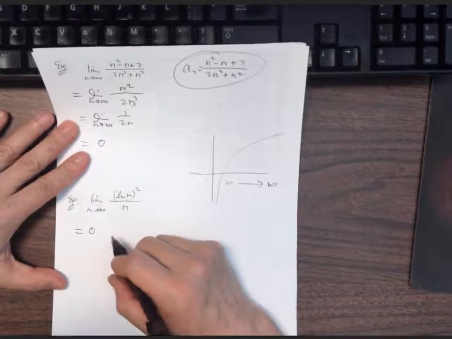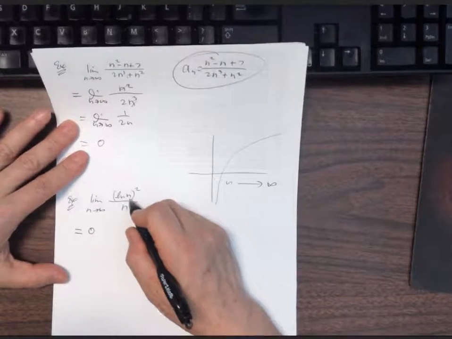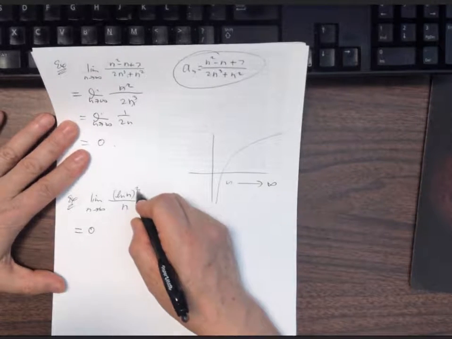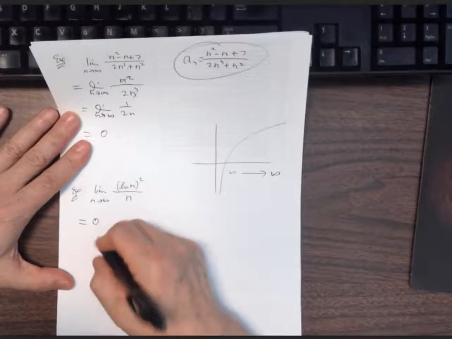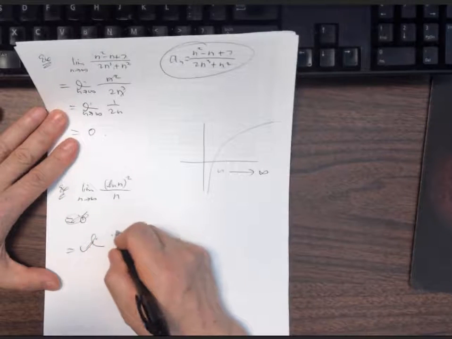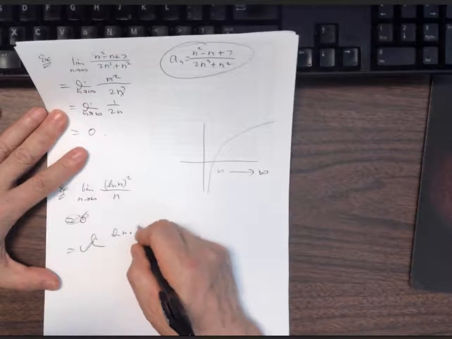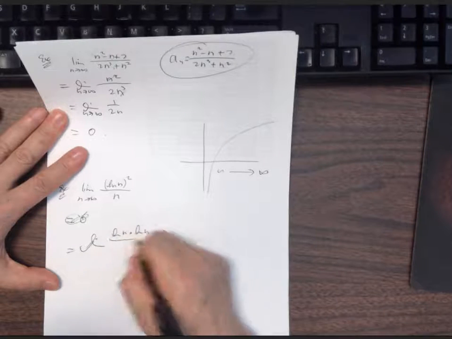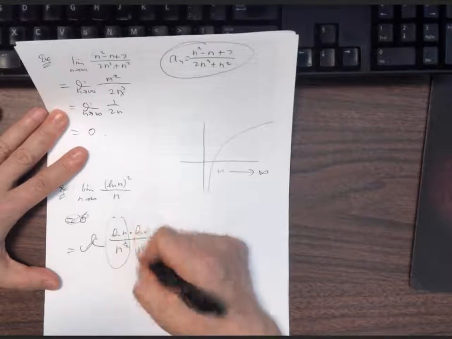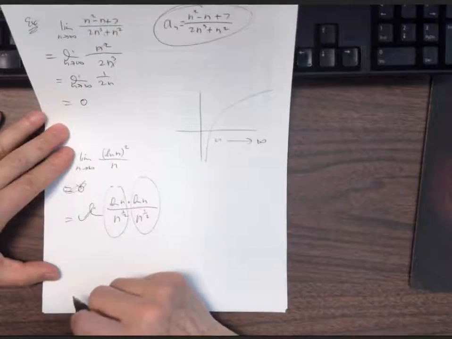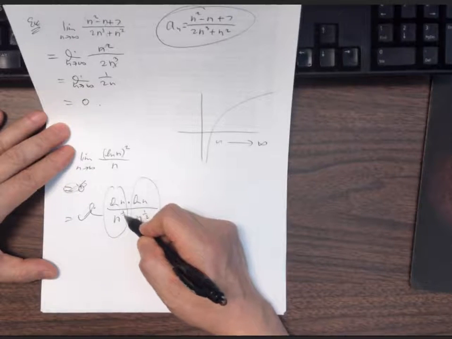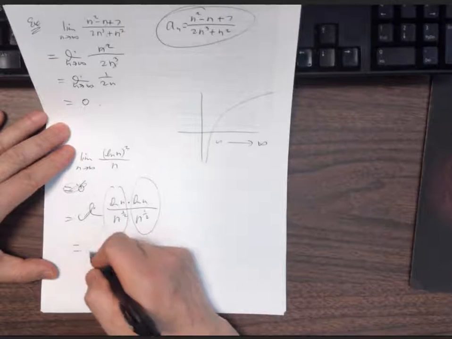You may be wondering, yes, log n is lower order compared to n, but how about the square? That's easy. We can split the top as log n times log n, and split the bottom as half power each. This way we can compare like that. So log n is lower order compared to any positive power of n, so it's 0 times 0.